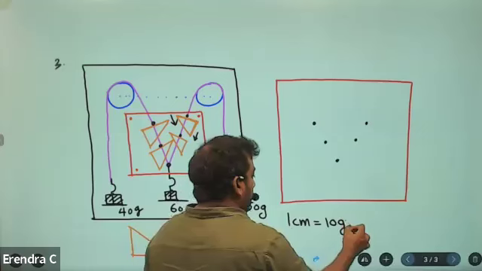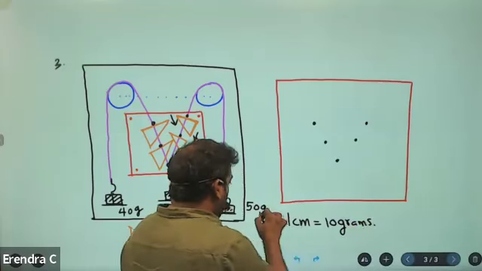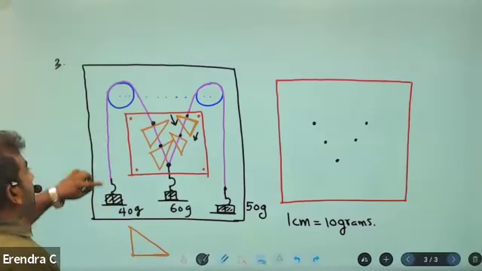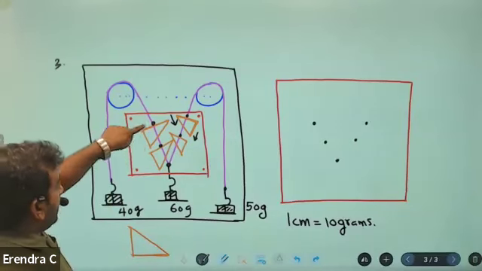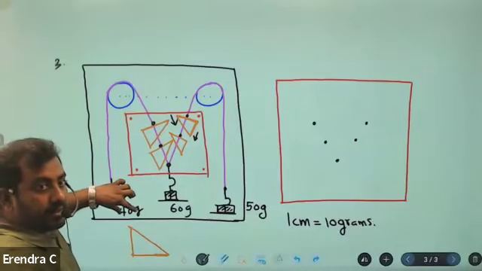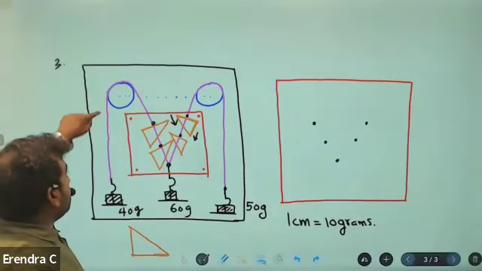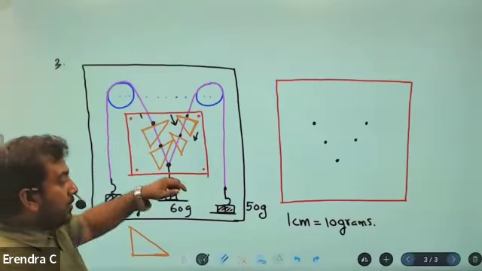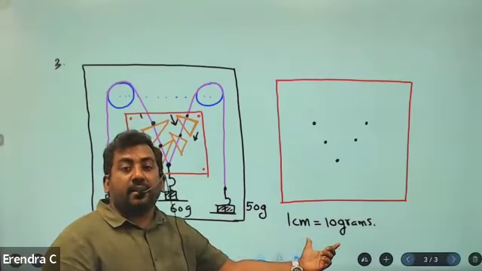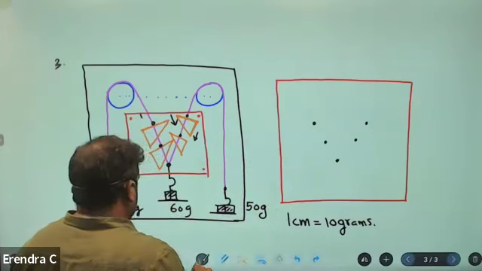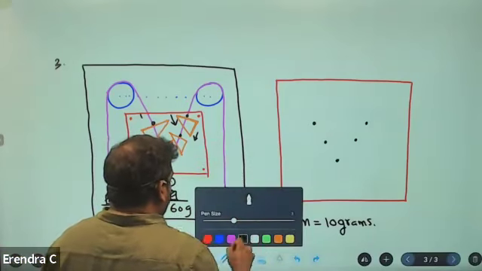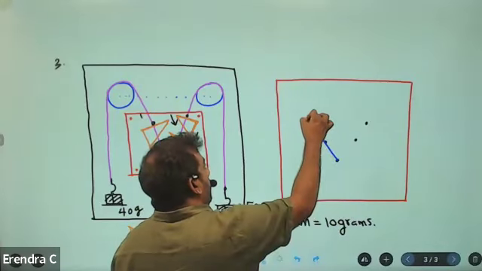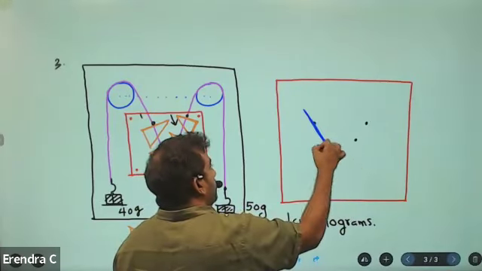So these are all grams. That means, tell me, this line here represents how many grams? Quickly tell. String here represents how many grams? 40 grams. 40 grams means what's the length? 4 centimeters. Right. So what you do is, you take your ruler, keep the ruler here, and draw joining the two points, 4 centimeter length.